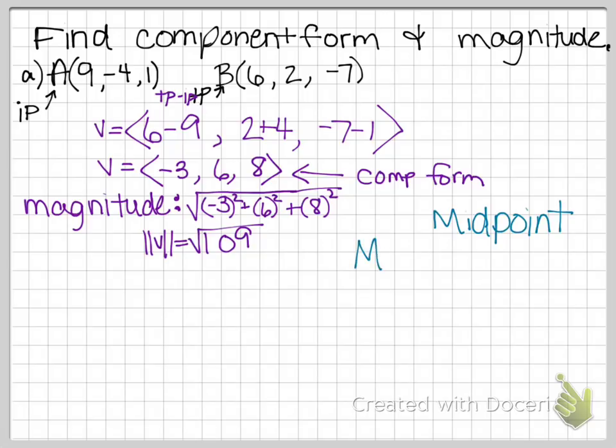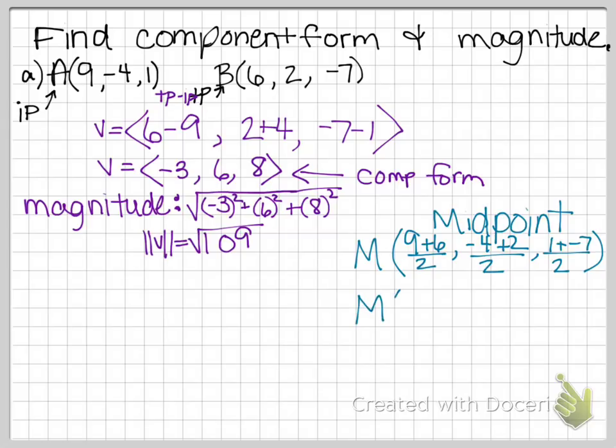So to find my midpoint here, I'm going to take my x terms. So 9 plus 6. Divide that by 2. I'm going to take the y terms of those 2 points. So negative 4 plus 2. Divide that by 2. And then take the z terms. 1 plus negative 7 or 1 minus 7. Divided by 2.